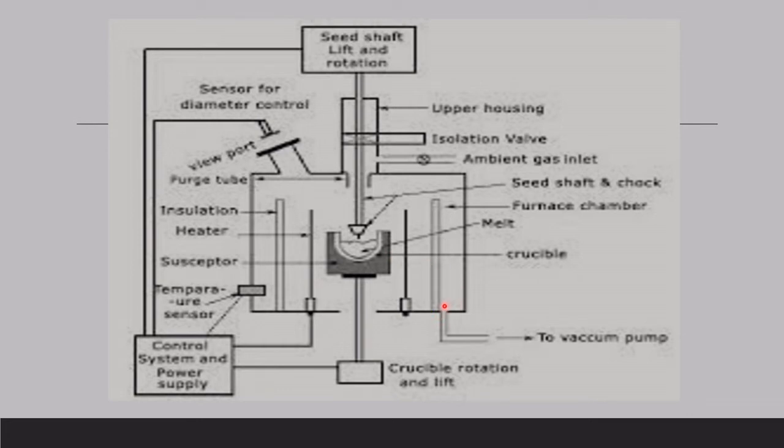The most important part in this furnace is the crucible. That is a cup. This white portion is the crucible portion. It is the cup in which the charge is going to be placed, and this is usually made of quartz.